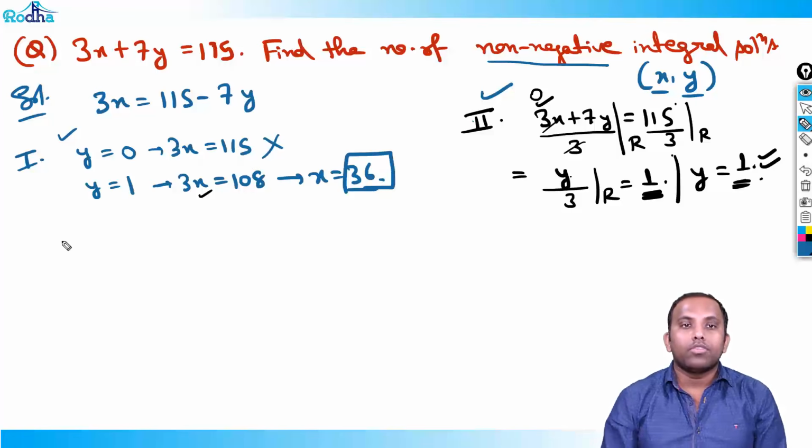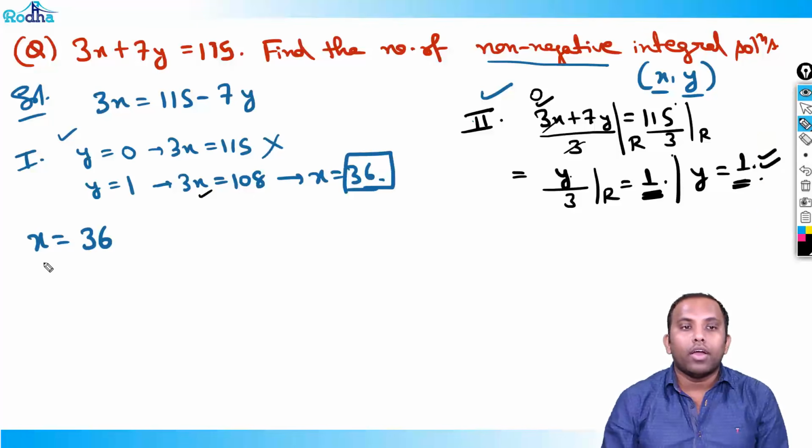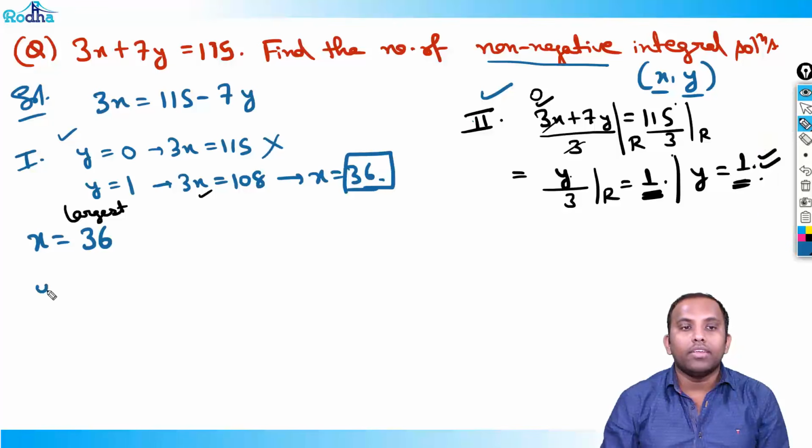Okay, so see how many solutions there are now. I know that x is equal to 36. Now x equal to 36 should be the largest value of x, because at y equal to 1 I got x equal to 36. Similarly, y equal to 1 should be the smallest value of y.